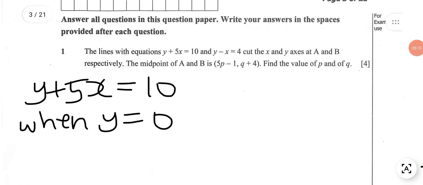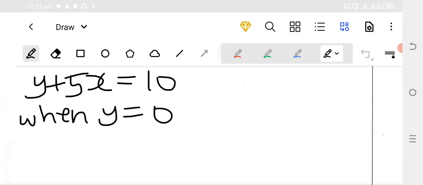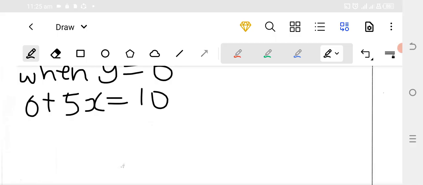Okay, we are back. Along the x-axis, y is equal to 0. So when y is equal to 0, it becomes 0 plus 5x is equal to 10. So 5x is equal to 10.